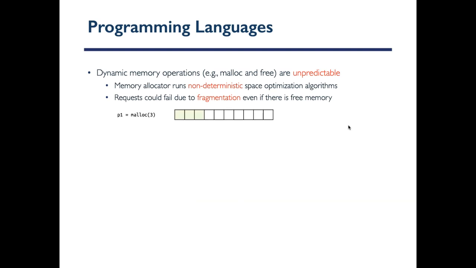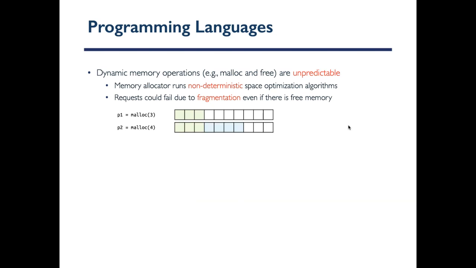Here is an example. So let's say you malloc three memory blocks, and you basically look at your free memory here. I think I have 10. You allocate the first 3 to this pointer. P1 becomes the pointer to the beginning of these 3.